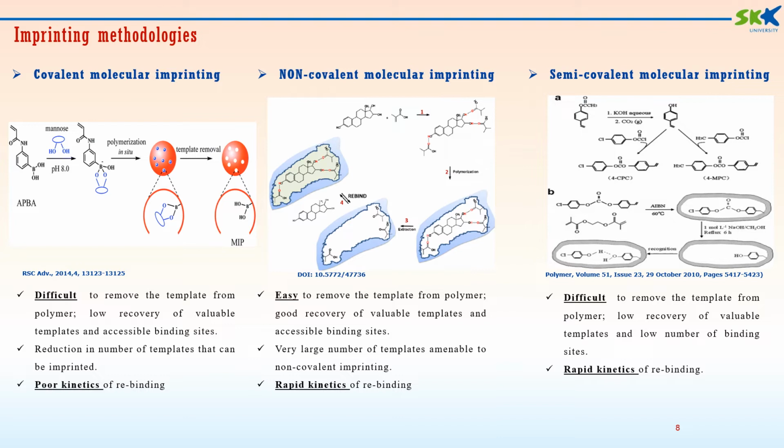Once we can remove it, the rebinding happens again through non-covalent interactions, like hydrogen bonding or electrostatic interaction, as you can see in this example. So it has rapid kinetics of rebinding, as we can see here.